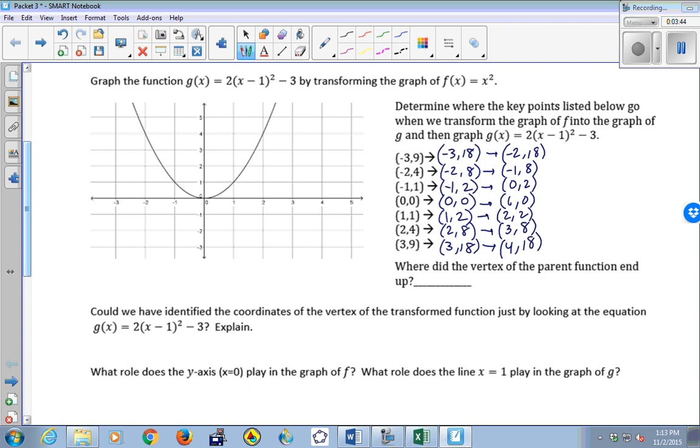And then that minus 3 that's outside, what does that tell me to do? Subtract 3 from the y values. That represents a transformation, a shift down by 3 units. So to do that, I'm going to subtract 3 from every y. So I get negative 2, 15, negative 1, 5, 0, negative 3, nope, 0, negative 1.